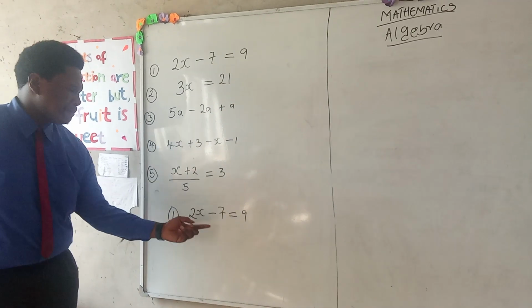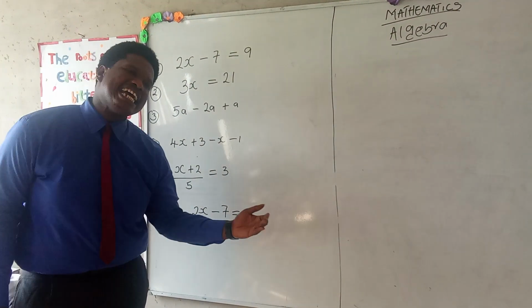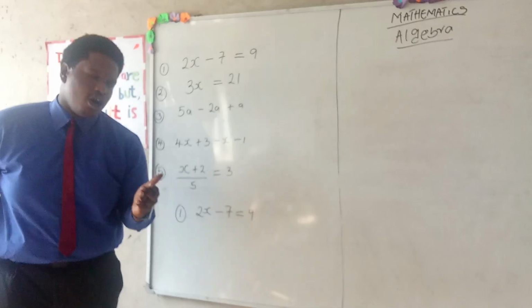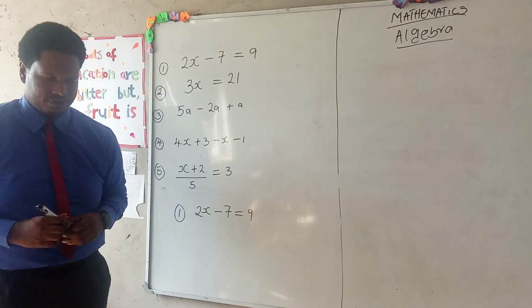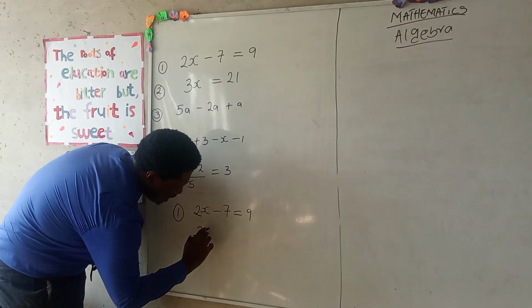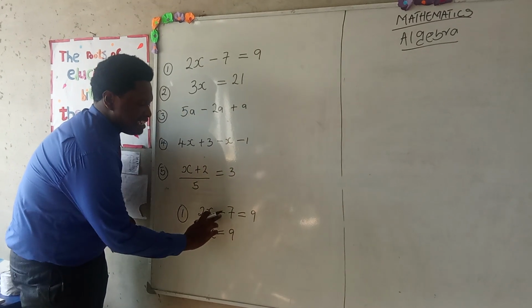Now we have 2x minus 7 is equal to 9. The first thing I want to do is collect like terms. 2x and minus 7 are not like terms. So if I collect my like terms, this will be 2x equal to 9. This is negative 7.